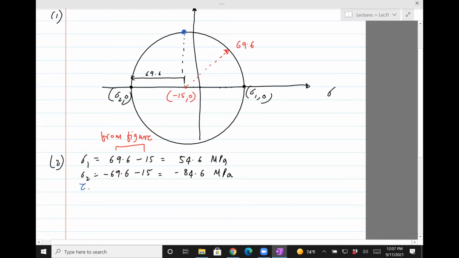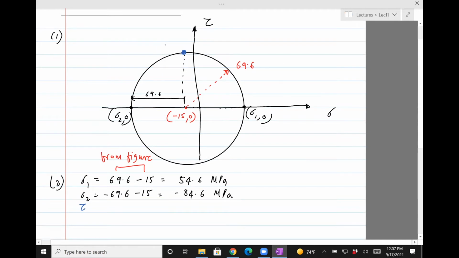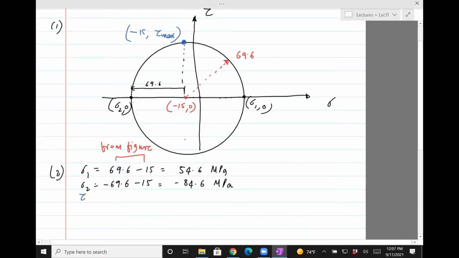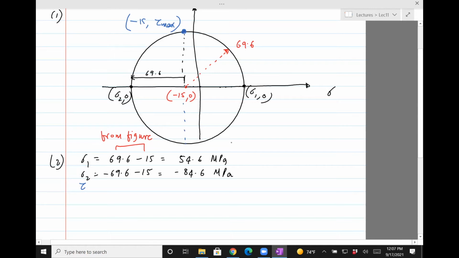So this is minus 15 comma tau max, right? Minus 15 being the stress there, and that's going to be minus 15 comma tau min. You can see that tau max is minus tau min, which equals the radius, 69.6. So this actually solves part 3, which is the maximum stress.